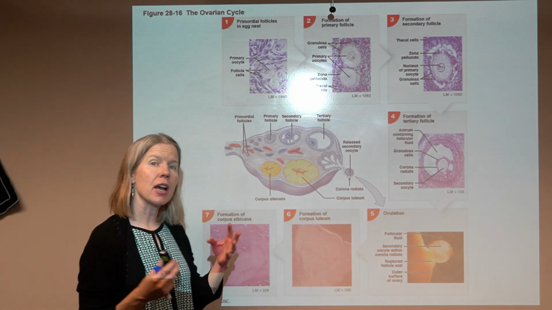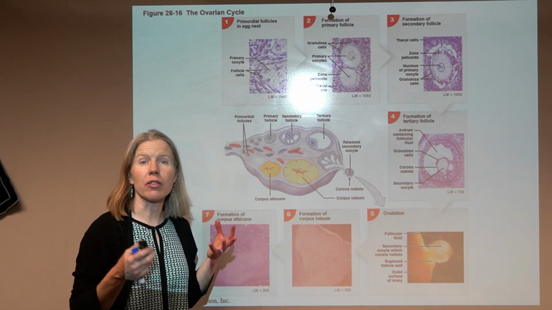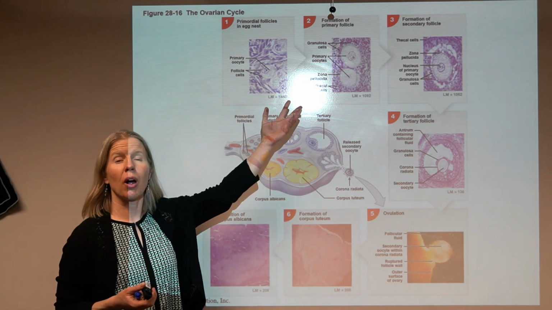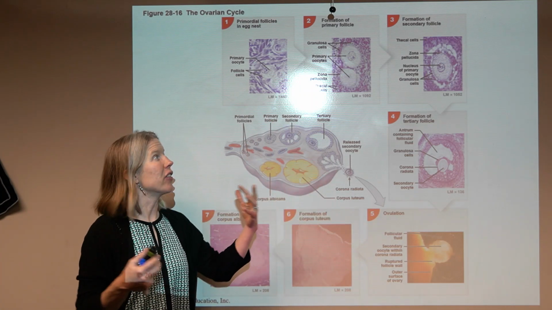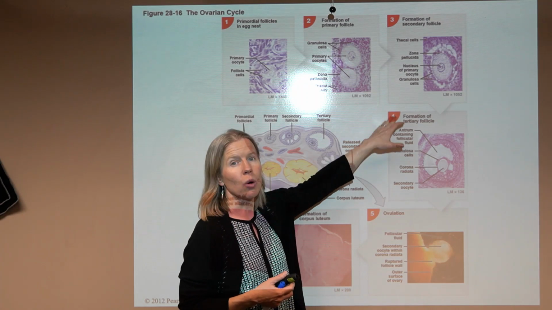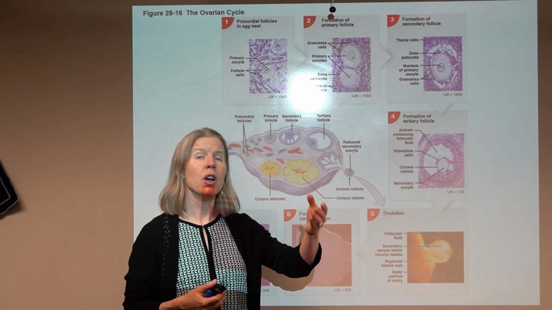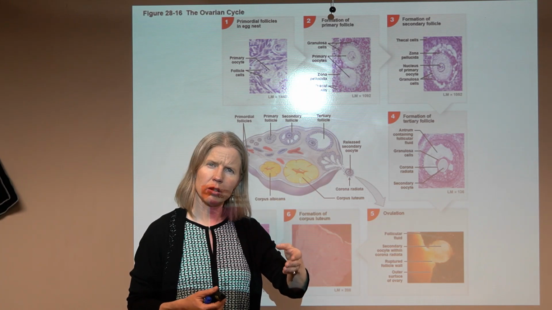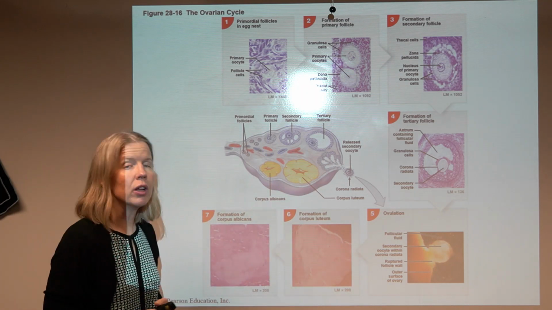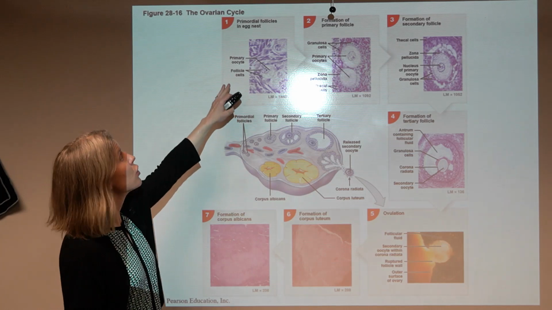In fact, at the beginning of puberty, you'll start to get just kind of waves of these primordial follicles moving on into development of primary follicles, right, and then some even towards secondary follicles. And it's really in this monthly cycle where one of those secondary follicles is going to move towards a tertiary follicle. Okay, so this does take time, years even, for a follicle and therefore an egg to move through this developmental process.